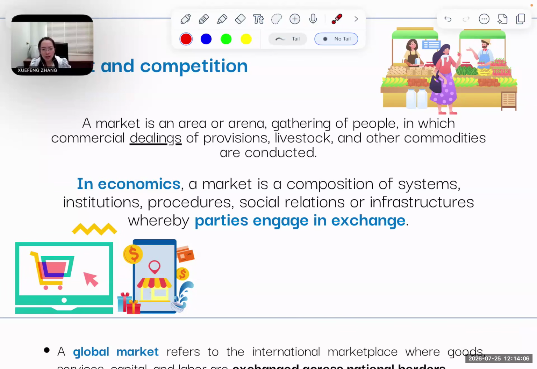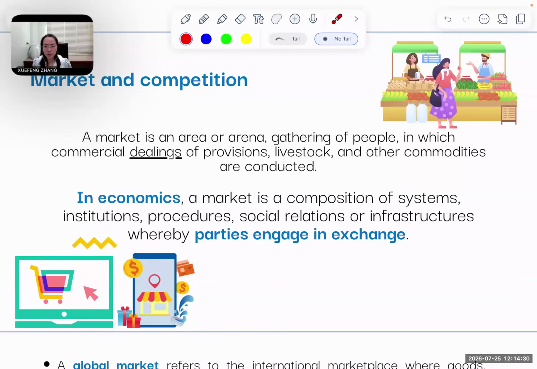A wet market with hundreds of vendors selling the same vegetables behaves completely differently from, let's say, the one company that supplies your electricity, right? That difference, how many sellers, how much power each one has, is exactly what market structure is about. And that's where we are headed next.